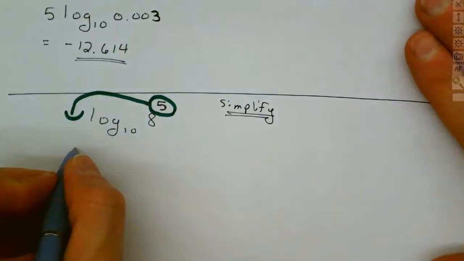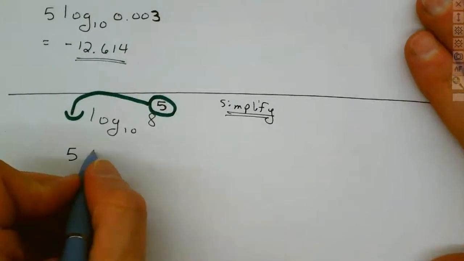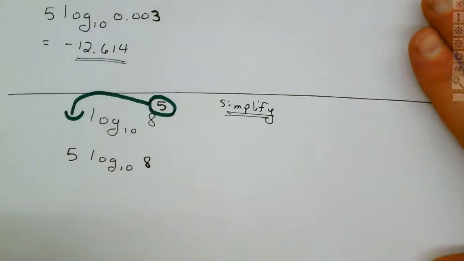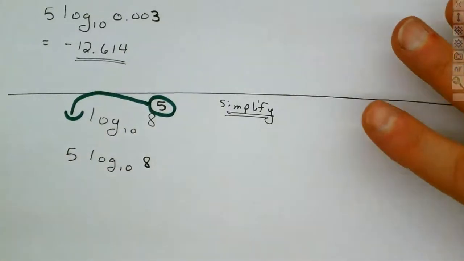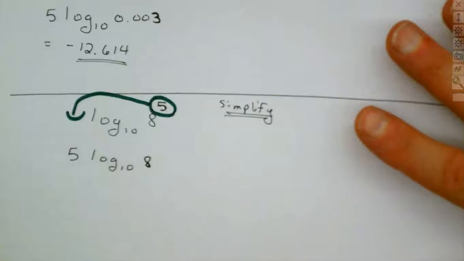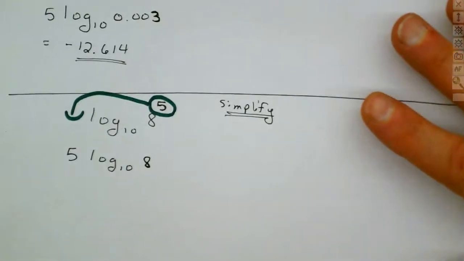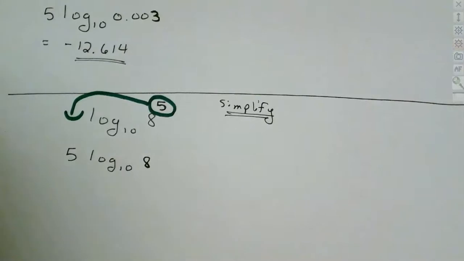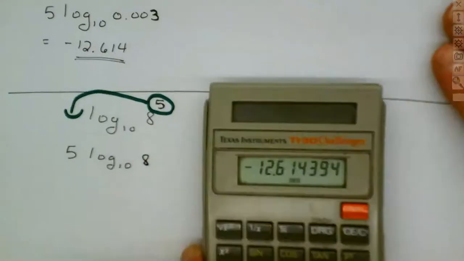That gives you 5 log base 10 of 8. You could even break that 8 up into 2 cubed and then bring the 3 down as well with the 15 in front. But we've got calculators. I don't think we need to use the properties as much as we would have a long time ago. Calculators make things a lot easier.